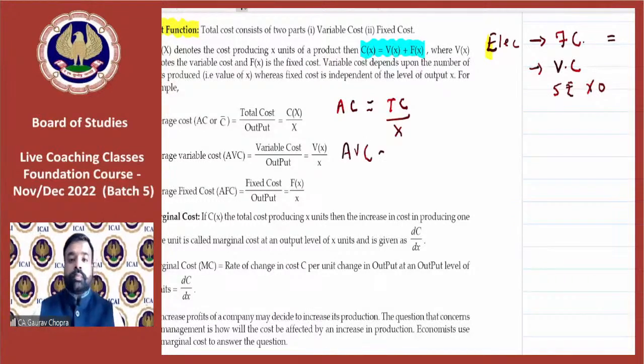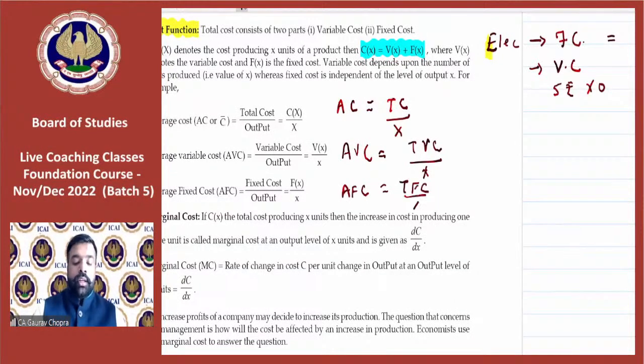Then average variable cost. What is average variable cost? It is simply the total variable cost divided by number of units, that is X. And for average fixed cost, we can write total fixed cost divided by number of units.